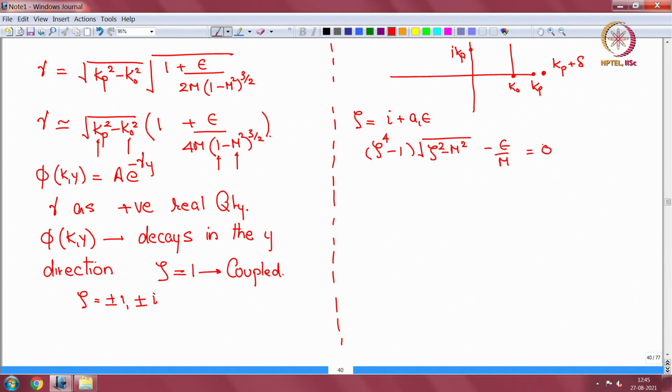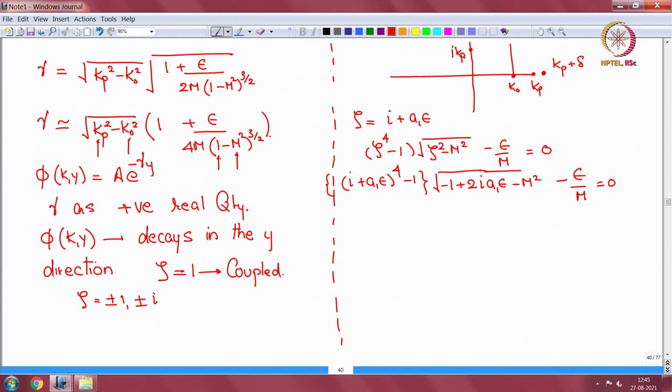So let's substitute i. So I get i plus A1 epsilon to the power 4, minus 1, times square root of i square minus 1 plus twice i A1 epsilon minus m square, minus epsilon by m equal to 0.